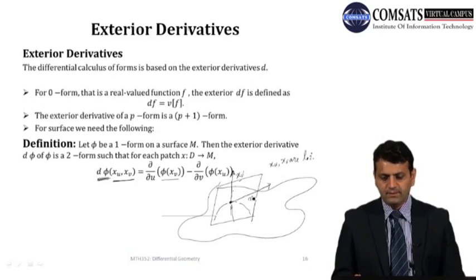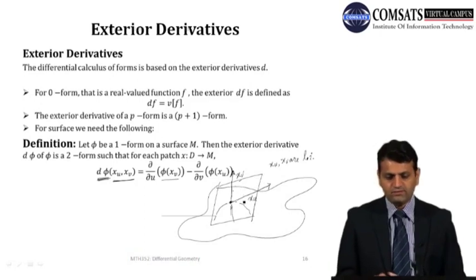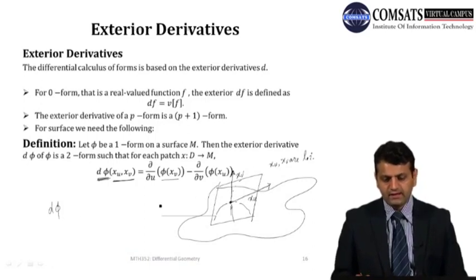So if these are linearly independent, then we can use them as our bases. So once we know the value of d phi on this pair of vectors, then we know this value at each and every vector in this plane.